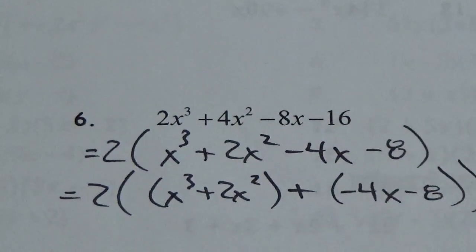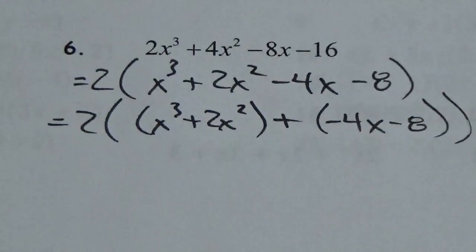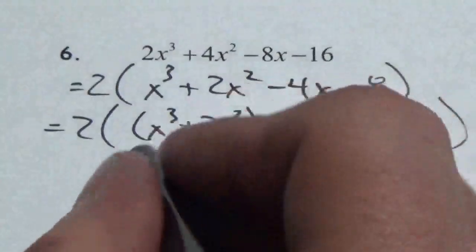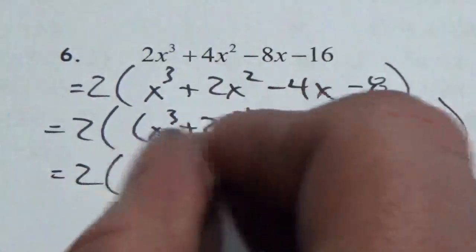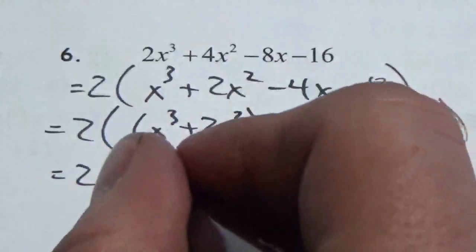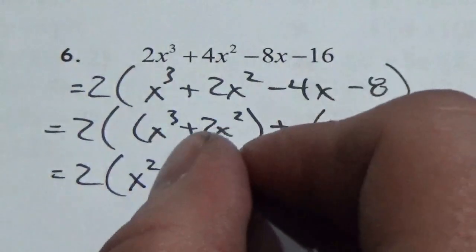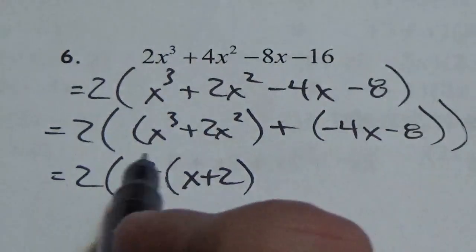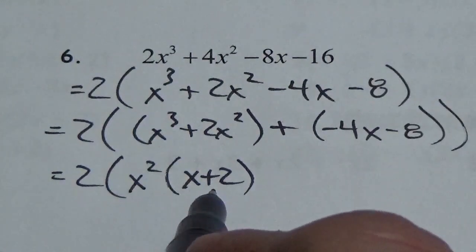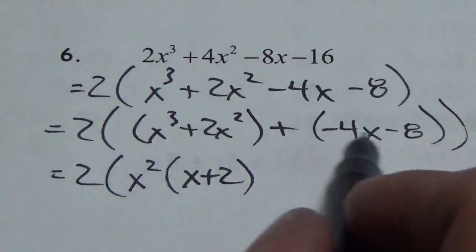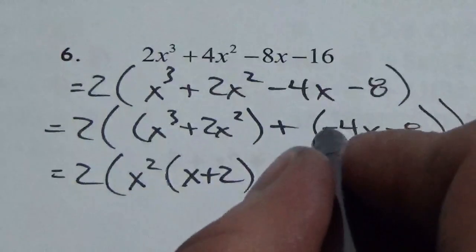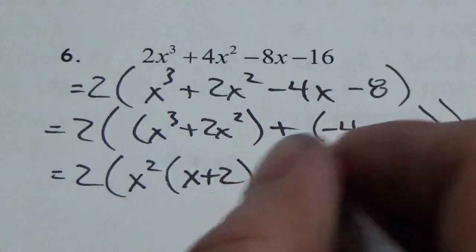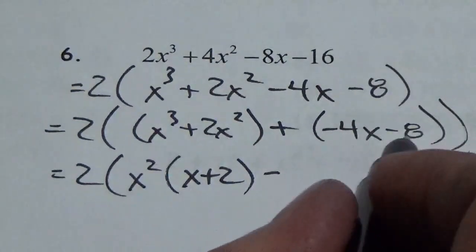Close brackets, close brackets. Now, what's common to those two terms? Well, there's a common x squared, so I can take that out. And I will be left with x plus 2. So that x squared was distributed to an x and a positive 2 here. Here, remember what we had said just moments ago, that I'm starting with a negative here. I don't want that, so I'm going to factor the negative out.